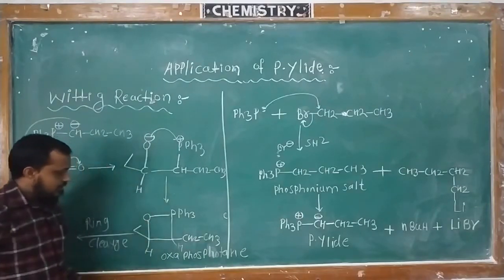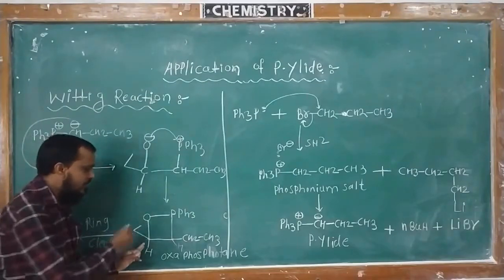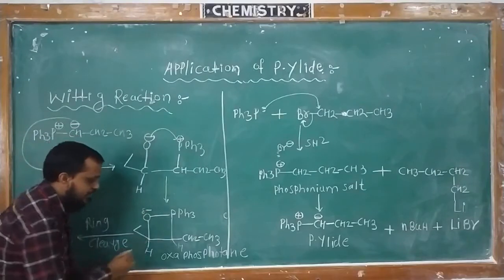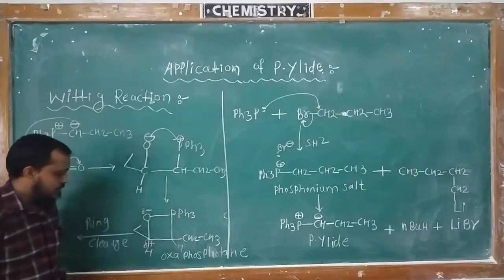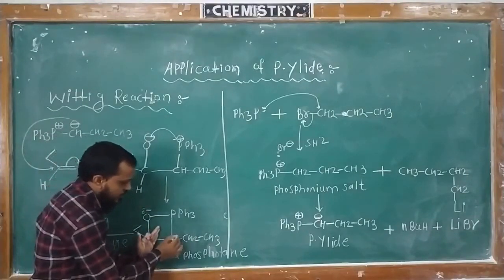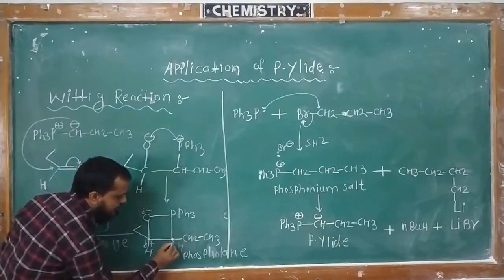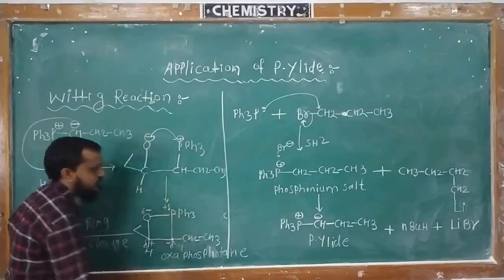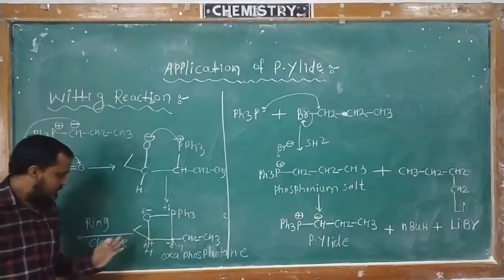The oxygen has more electronegativity than the carbon, so it has a partial negative charge, and this carbon has a partial positive charge. On the other side, this carbon has more electronegativity than the phosphorus, so it bears a partial negative charge, and the phosphorus bears a partial positive charge. So this oxaphosphetane lastly undergoes ring cleavage.